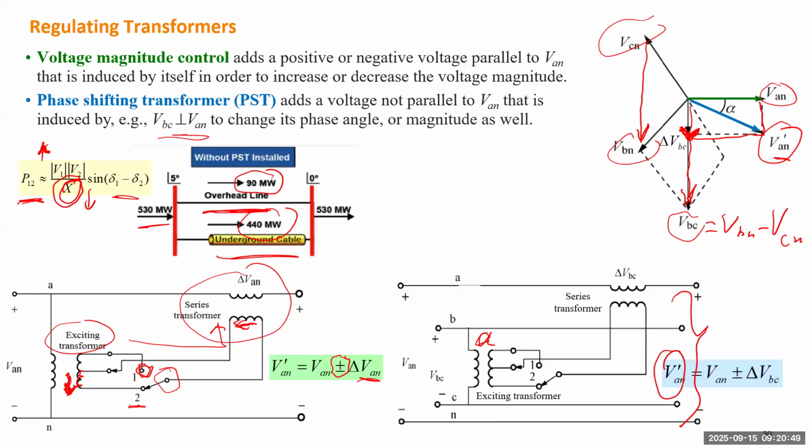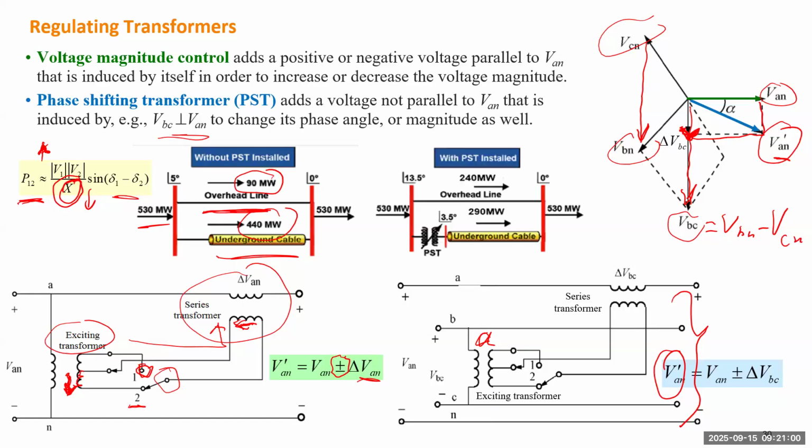So for this case, that's a perfect application of phase shifting transformer as part of the regulating transformers. So what we need is we add a phase shifting transformer at one substation, which is connected in series with the underground cable. That phase shifting transformer only needs to change the angle by creating a 3.5 degree phase shift.